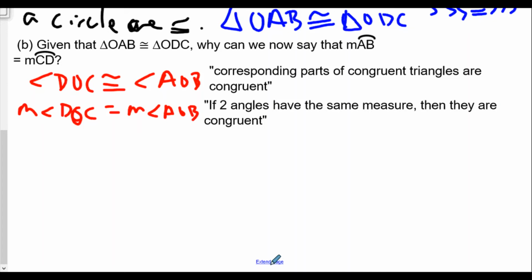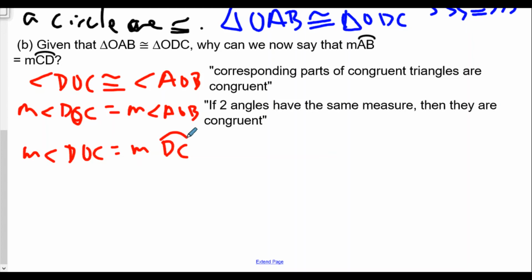One of the things we talked about is that the measure of the central angle is equal to the measure of the arc intercepted. So we can make the statement here that the measure of angle DOC equals the measure of arc DC. And I know what you're thinking, this sounds like a proof.